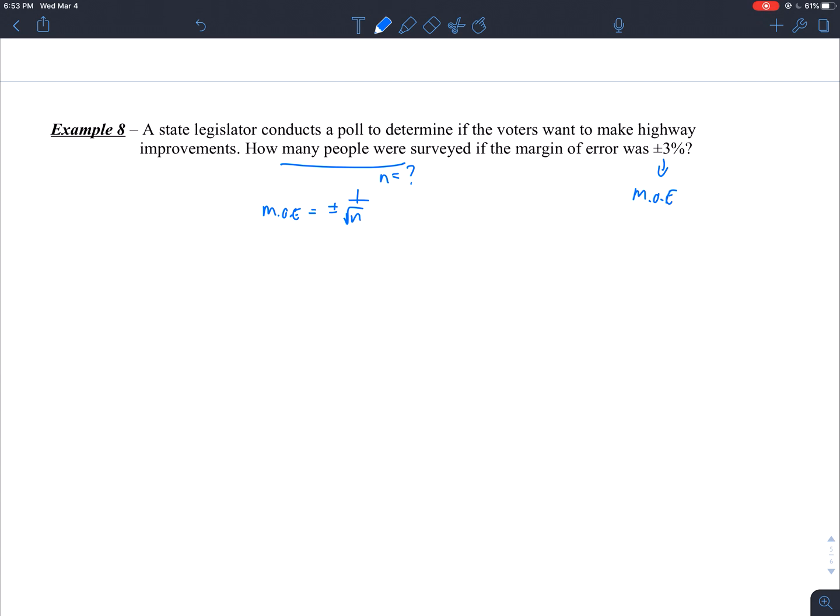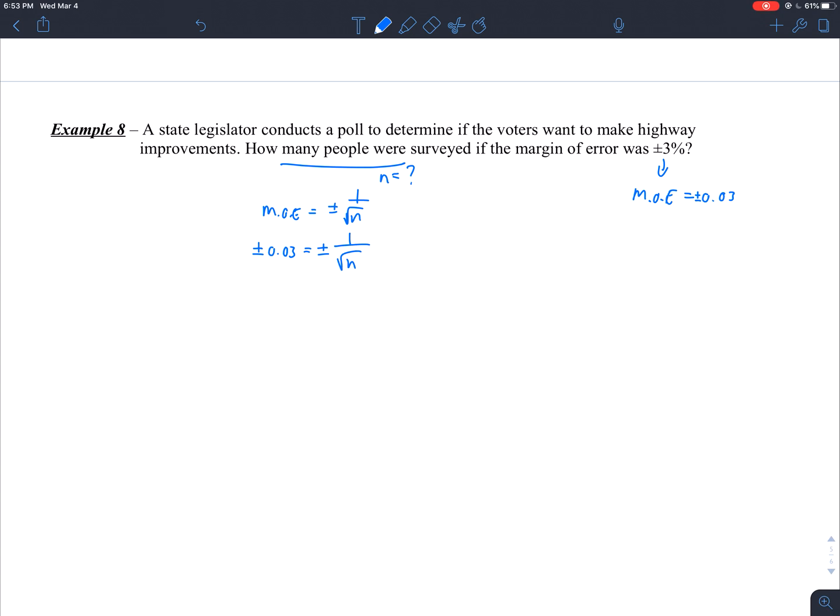So when you do this, you need to convert your margin of error from a percent to a decimal to use it in this formula. So we have plus or minus 0.03. If I plug this in here, I get plus minus 0.03 is my margin of error, equal to plus minus 1 over root n.